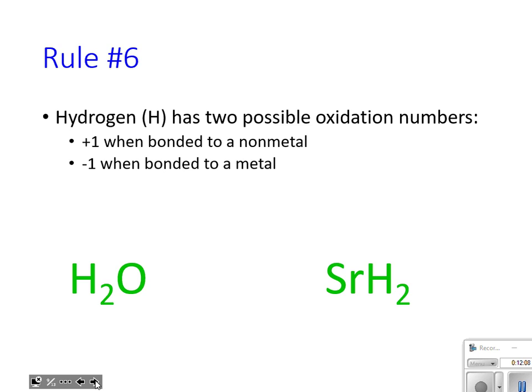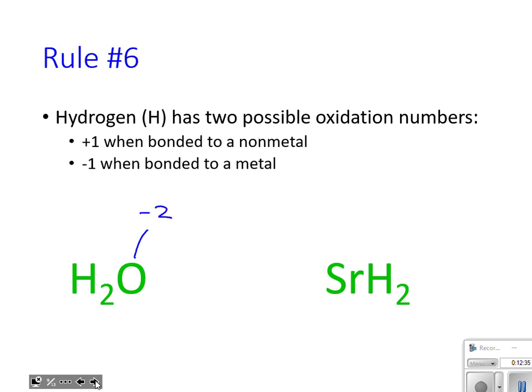Okay? So I look at this right here. I have water. Let's follow some rules. First of all, if we would go by the electronegativity rule, oxygen is more electronegative than hydrogen, correct? So that would tell me, based on rule number 2, that oxygen here would take a -2 charge.